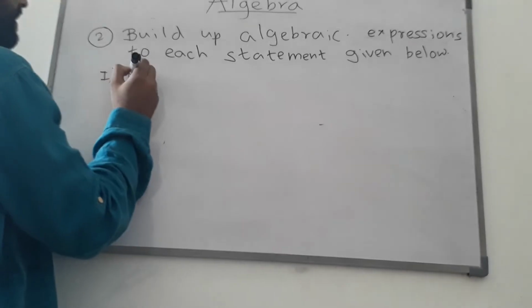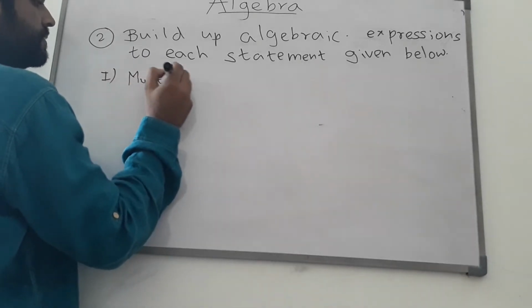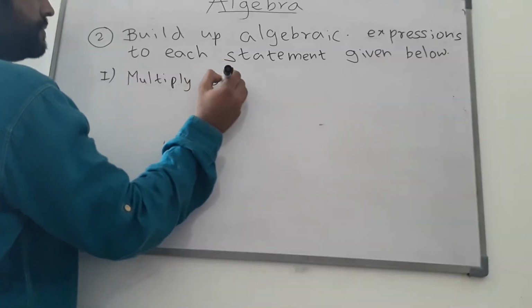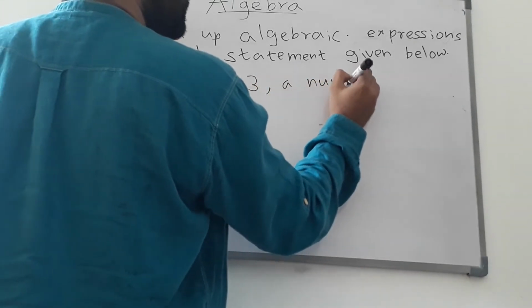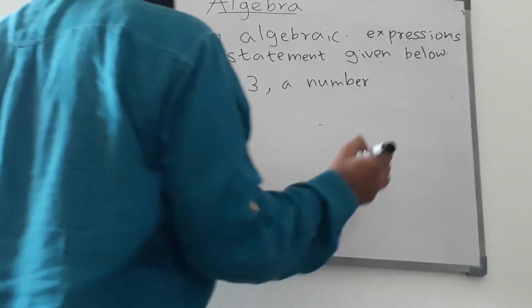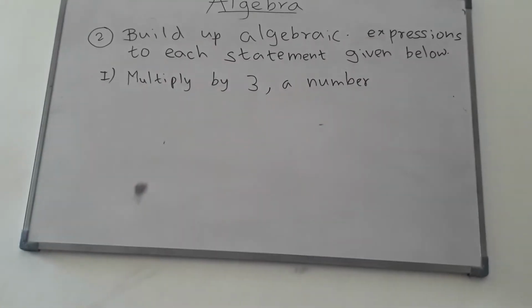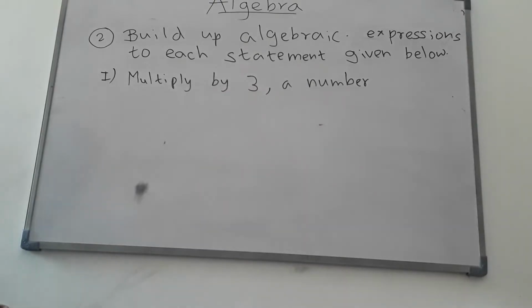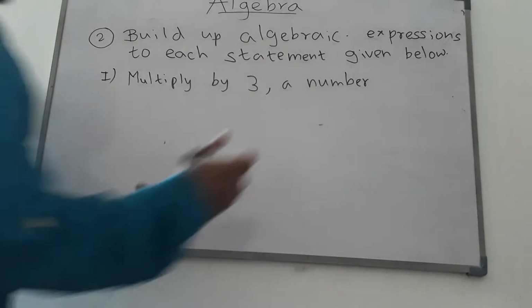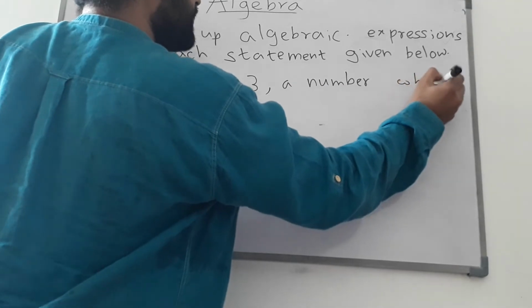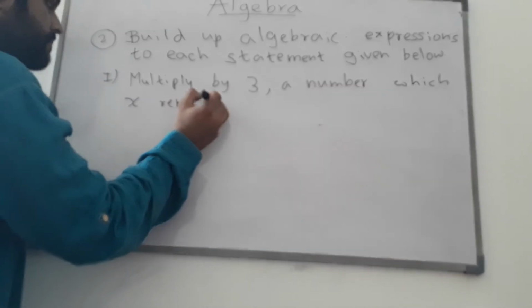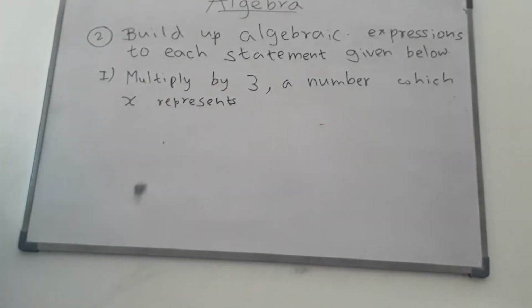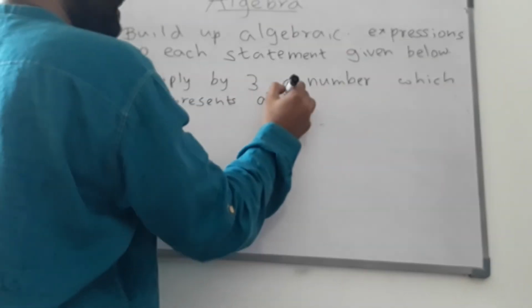Multiply by 3 a number which x represents and add 2 to it.